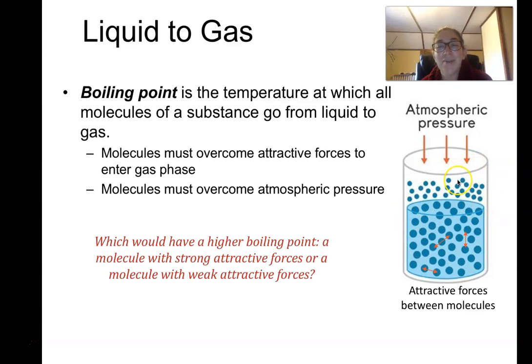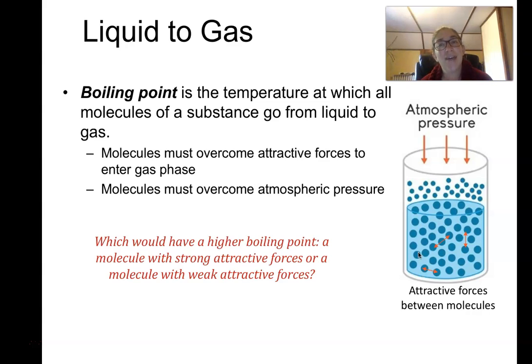All right, and so in order for a substance to reach its boiling point, it needs to meet two things. First, you need to have enough energy for those molecules to overcome their intermolecular forces, their attractive forces. There are forces between each of these molecules that are holding them together, so you have to add enough heat to break those forces.